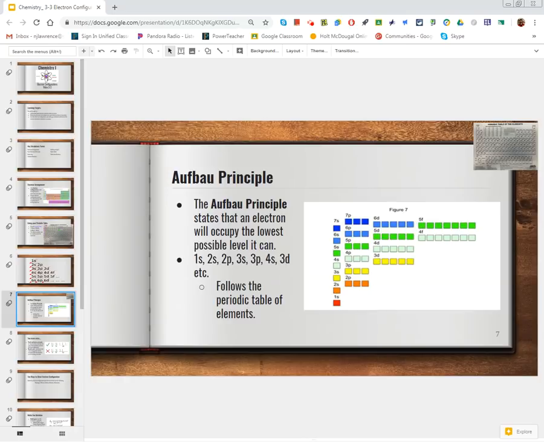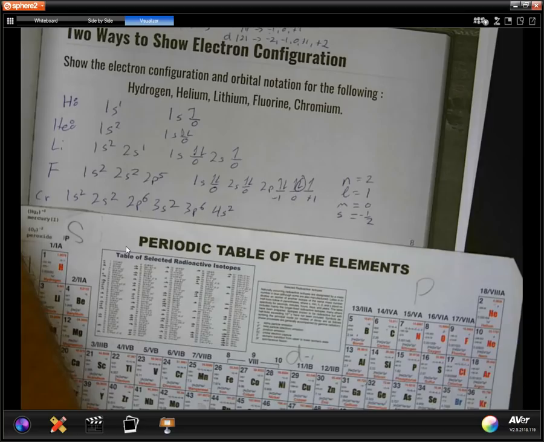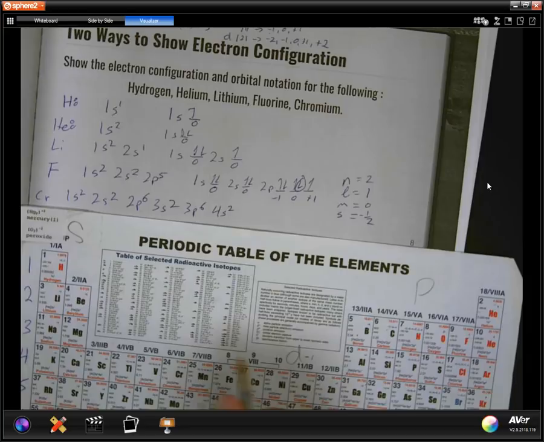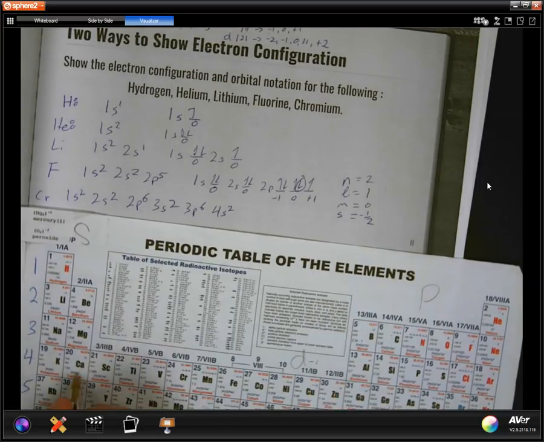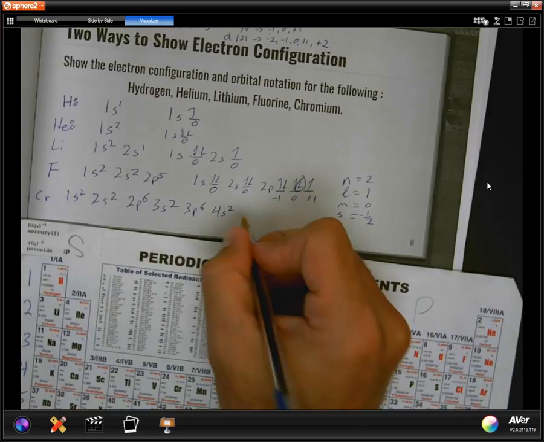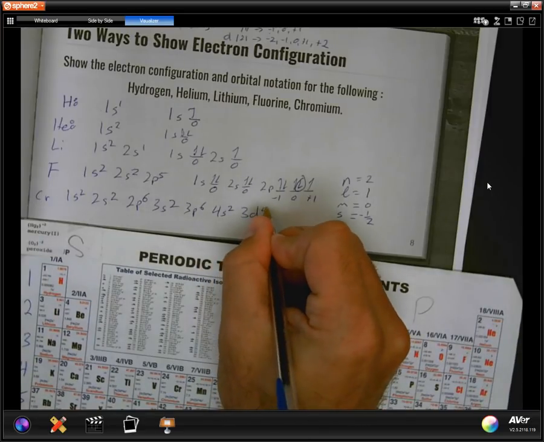So long story short, because of the actual energy reading, I had you write down this d-1. Whenever you come into the d block, you're actually going to subtract 1 from that period number. So when I go from 4s2, I'm going to 3d1, 3d2, 3d3, 3d4. So your correct answer here would be 3d4.